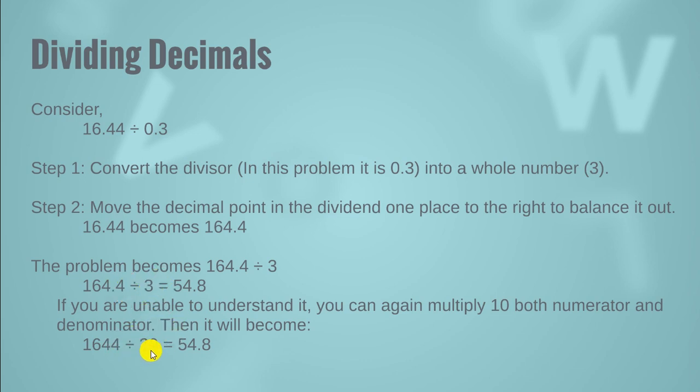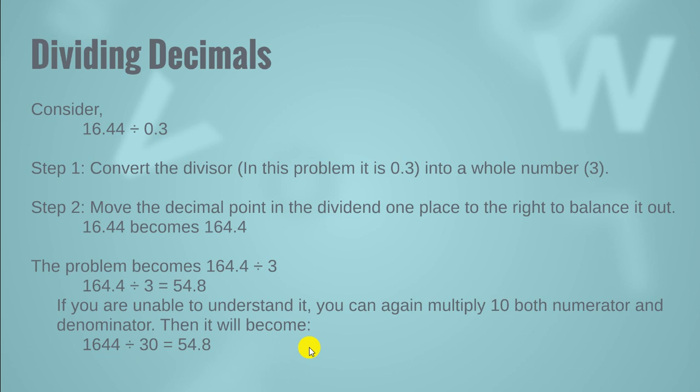That will only add an additional 0 to the 3 and it will become 30, but it will be easy. Then you can again use the method I told you before, dividing 1644 by 30, and you will get the answer 54.8.